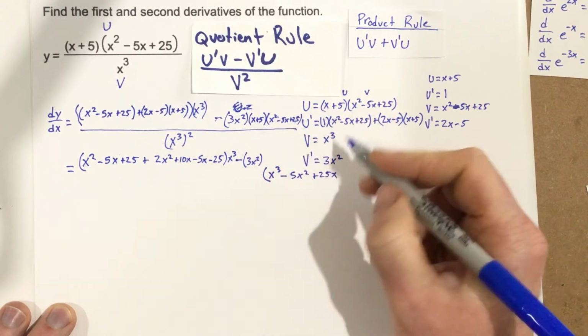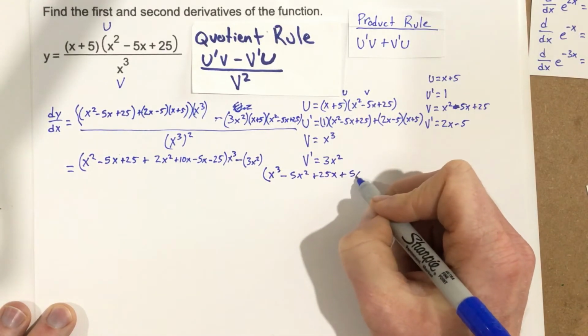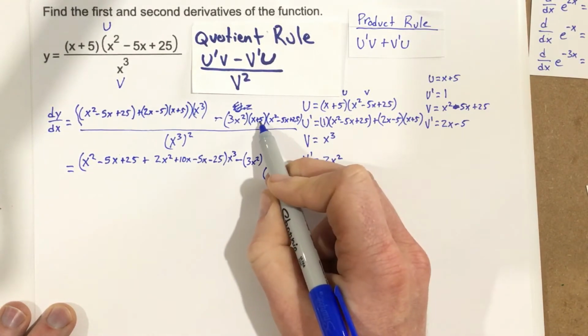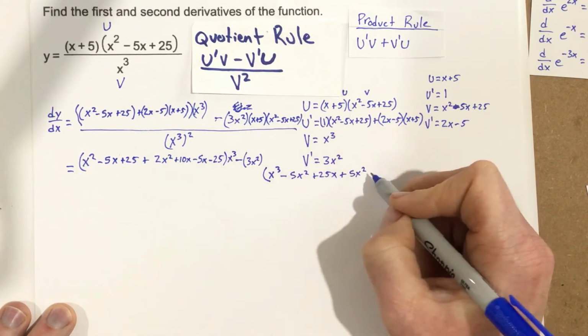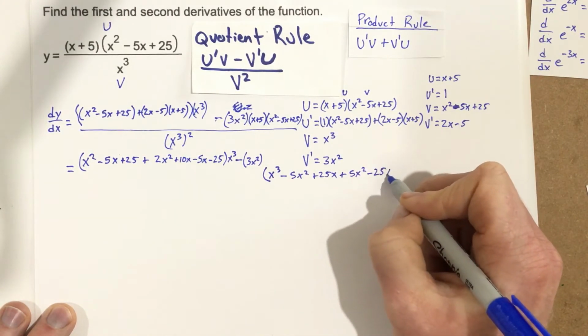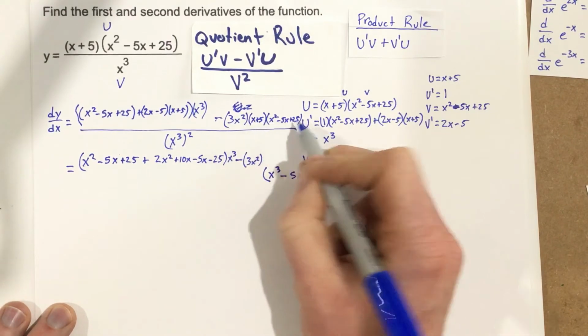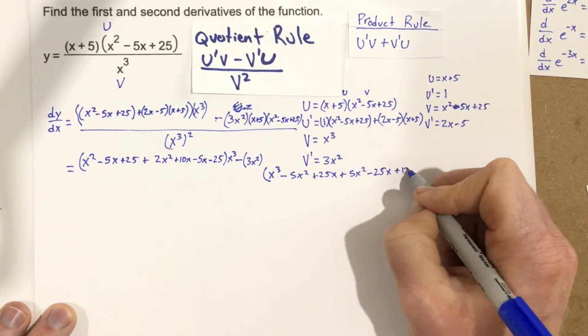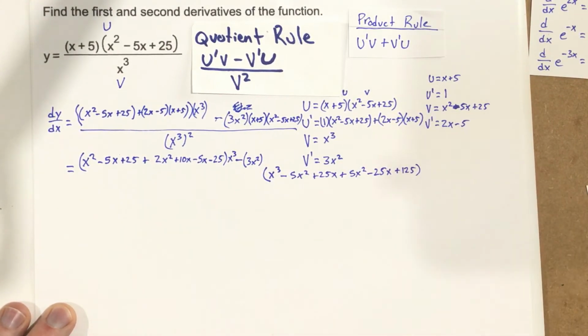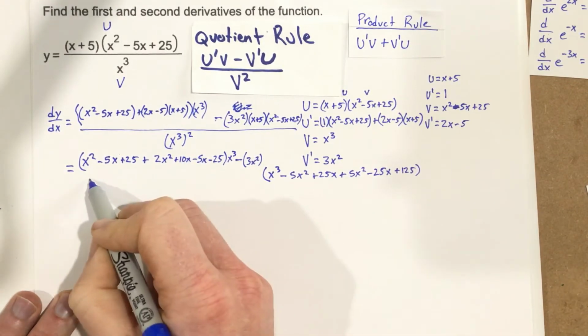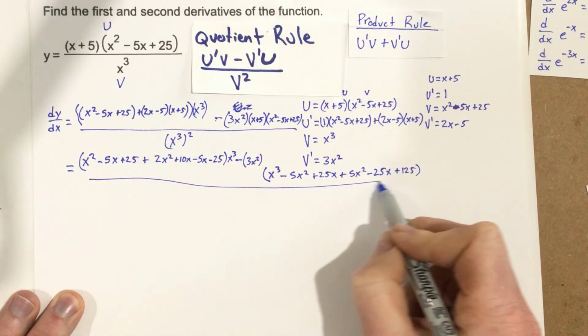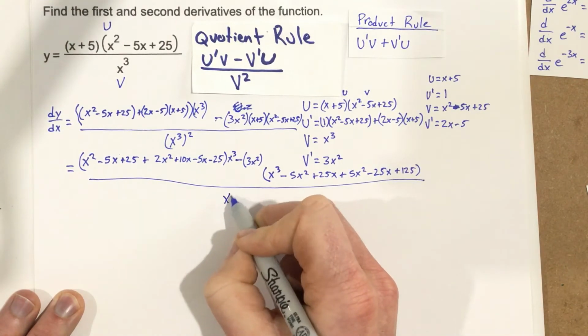And 5 times x squared, that's plus 5x squared. And then 5 times negative 5x is negative 25x. And 5 times 25 is 125. Whew. And that's all over x to the 6th.